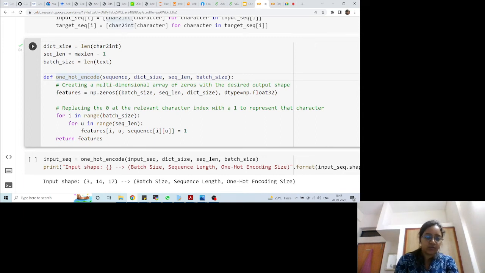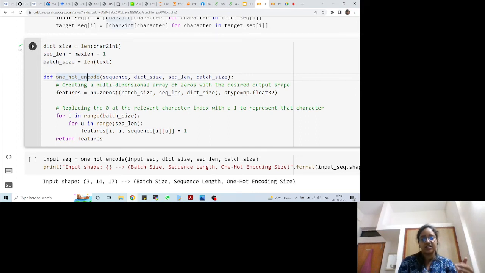I'm assuming that you know what one hot encode is. Suppose you have the character E, and suppose you have all the 26 characters from A to Z. Then you'll have a vector of 26 dimensions where all will be zeros except the fifth position because your character is E. That is what is meant by one hot encode.